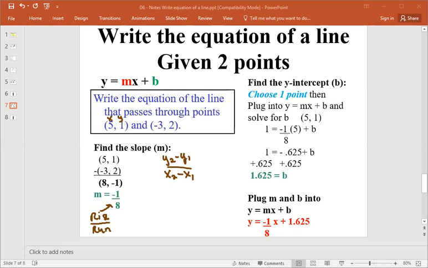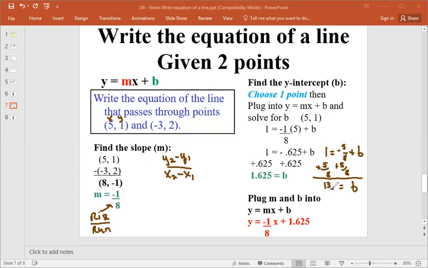Now if I had wanted to keep the fractions, we would have had 1 is equal to a negative 5/8 plus b here. Then I would have added 5/8 to both sides. That would make this b. 1 is 8/8, so 8 plus 5 is 13.